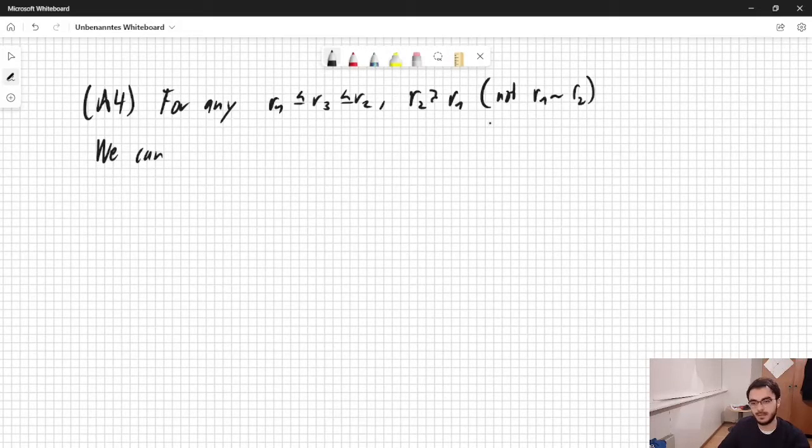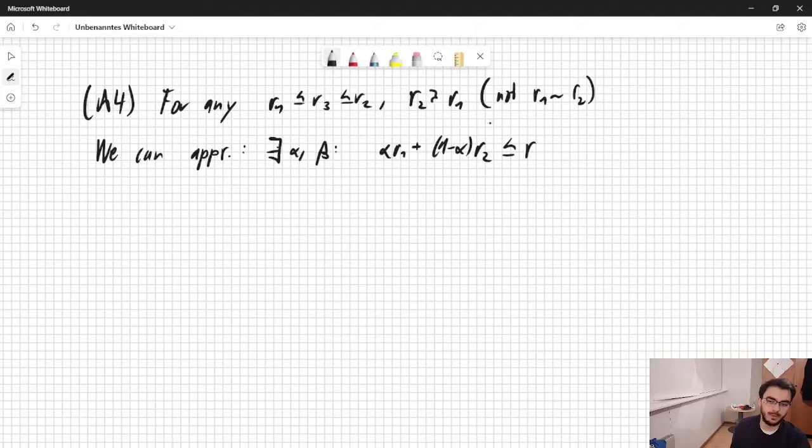We can say that there exist alpha and beta such that alpha times R1 plus 1 minus alpha times R2 is smaller or equal to R3, and R3 is smaller or equal to beta R1 plus 1 minus beta R2.